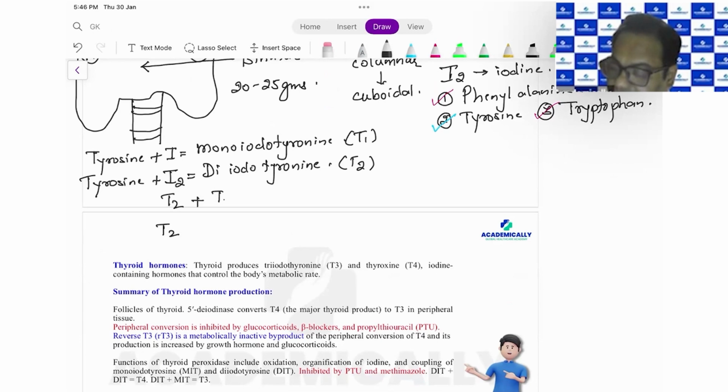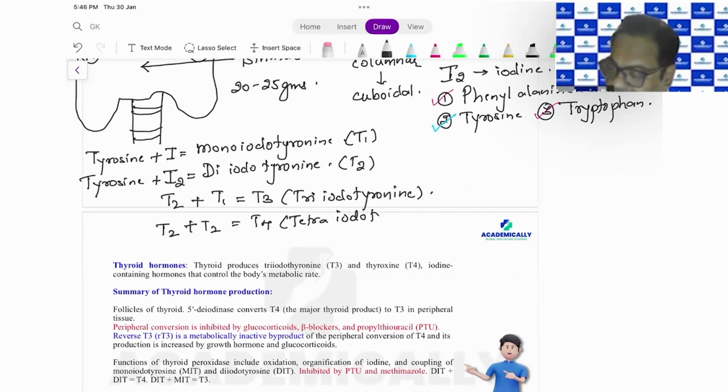When T2 combines with T1, we get T3, which is known as triiodothyronine. And when T2 combines with T2, we get T4, which is known as tetraiodothyronine, also called thyroxine.